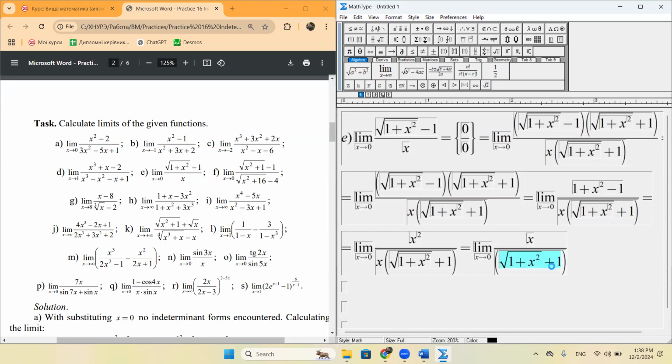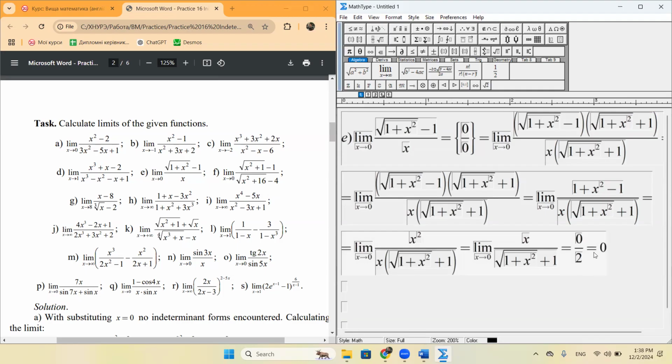And also I can get rid of the brackets, we don't need them. And now if we substitute 0, there is no indeterminate form. So 0 divided by 2, it equals 0.